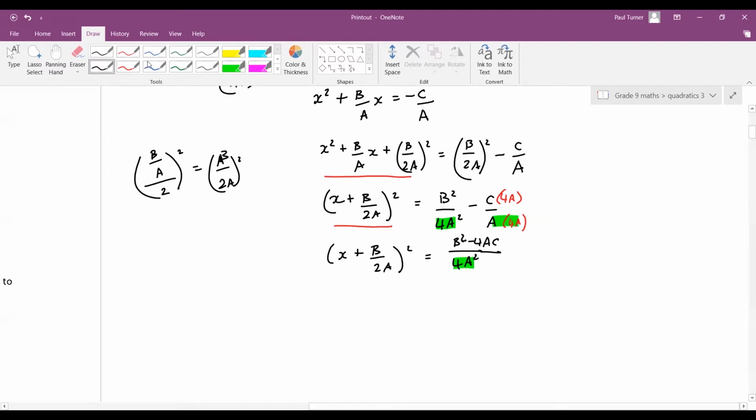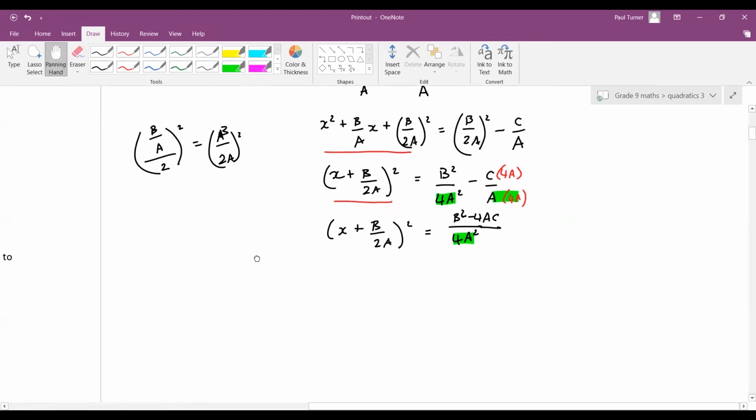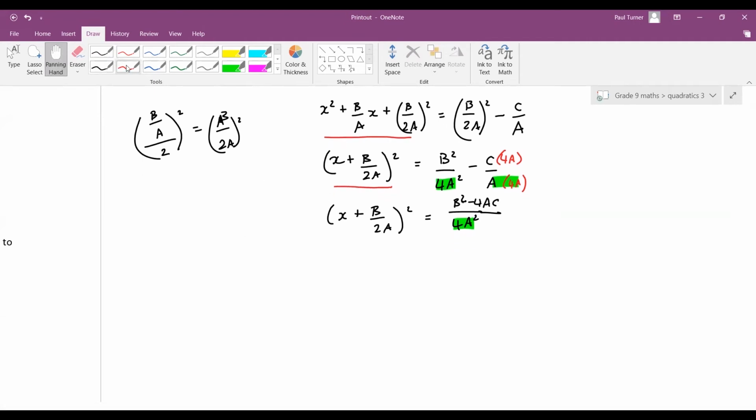You've actually done this, but using numbers last week. So now I can square root both sides, like that, to cancel this square here. Same as last week.